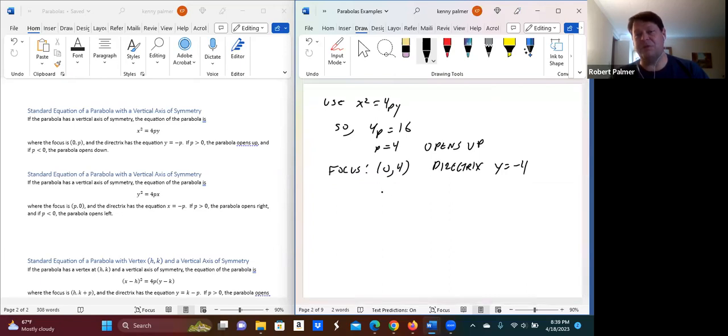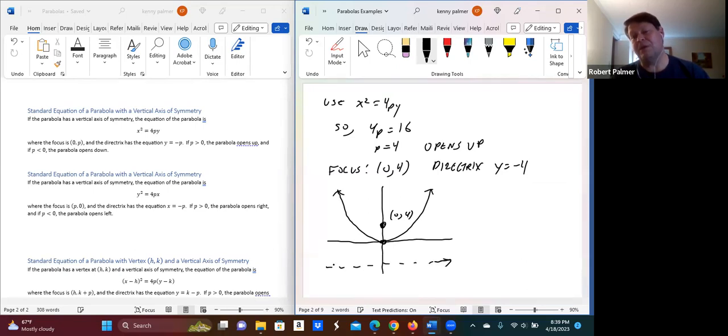Let's do a quick sketch of that. Also, this one will have a vertex at 0, 0. You plug in y equals 0, you get 0 for x. It looks something like this. Here is our focus, 0, 4, and our directrix is the line y equals -4.